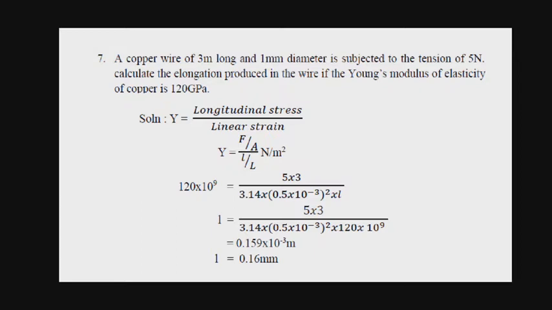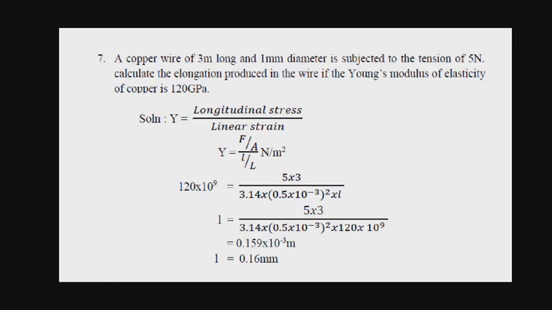So given L is equal to 3 meter. So diameter is equal to 1 millimeter. R is equal to 0.5 into 10 to the power minus 3 meter. F is equal to 5 Newton. Y is equal to 120 G, G means 10 to the power 9 Pa.